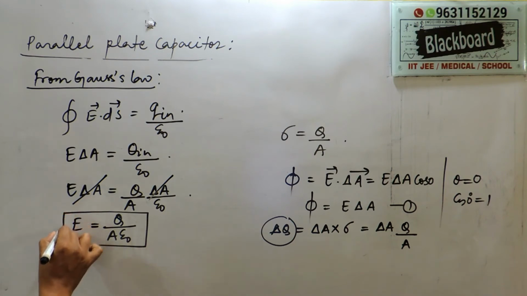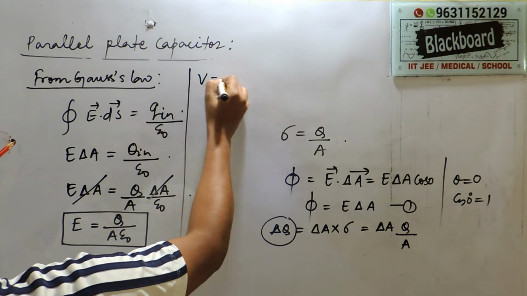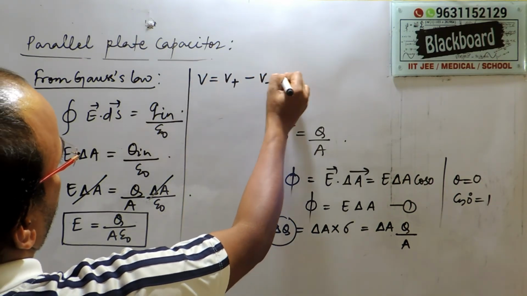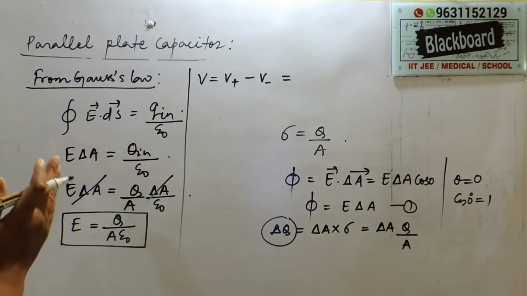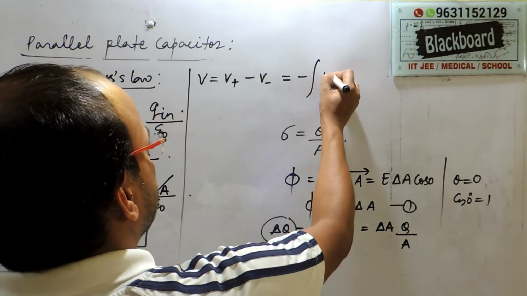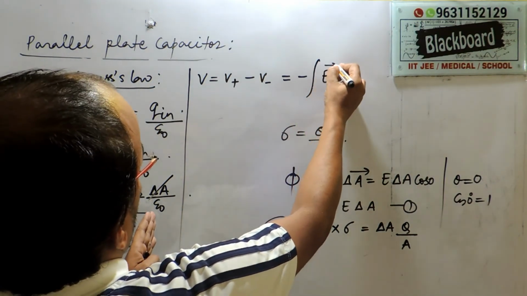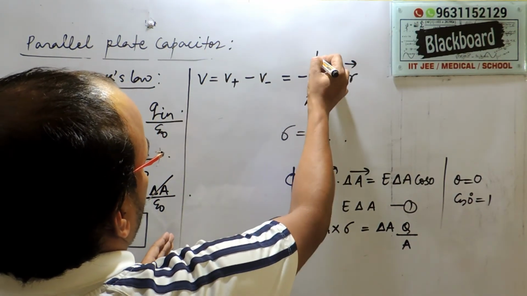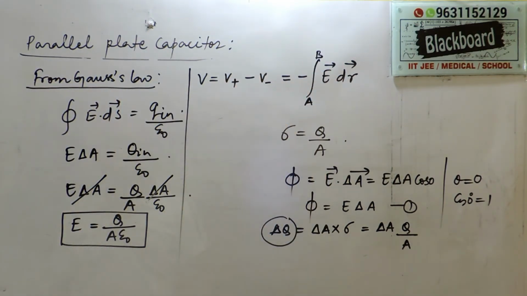This is your electric field. Now the potential difference between the plates: V is equal to V plus minus V minus, that means the positive potential minus the negative potential. We have seen in the earlier class that this is negative of the integral of E dot dr from A to B, where E and dr are vector quantities.